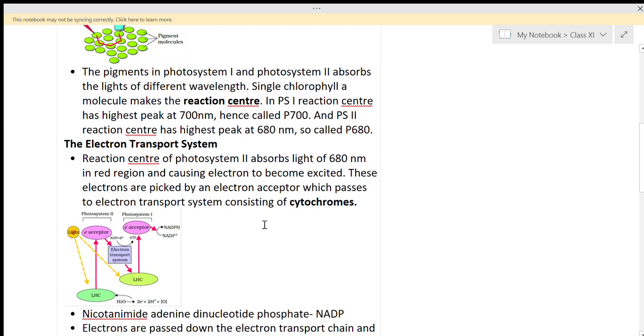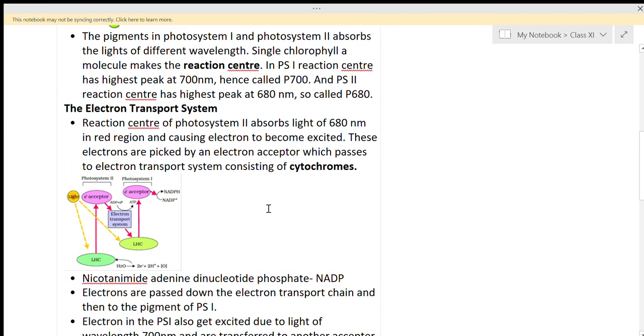Now what happens in the light reaction? We can see this sketch. It is the Z scheme sketch. What happens in the Z scheme sketch? The reaction center of photosystem 2 absorbs light of 680 nm in the red region, causing electrons to become excited.